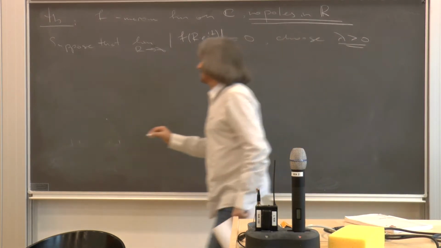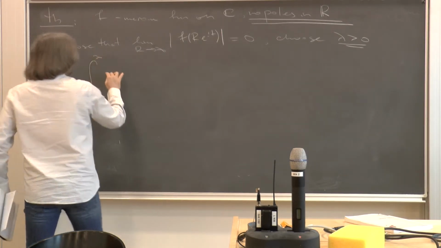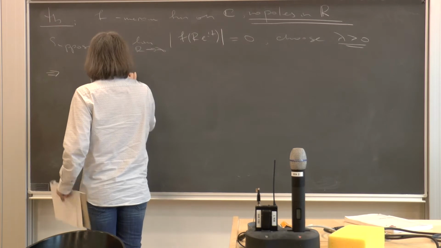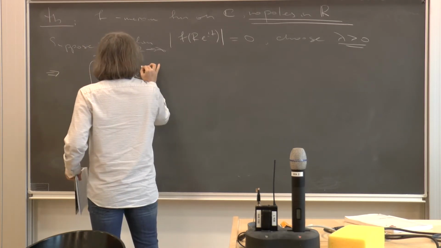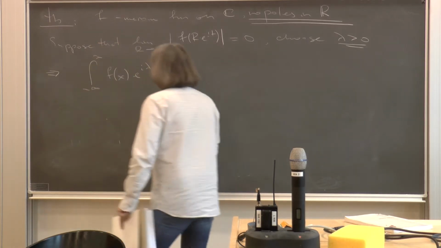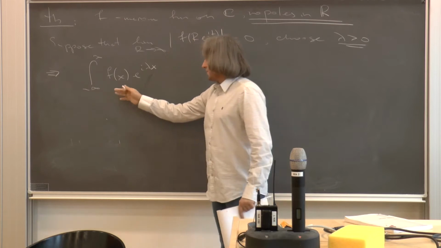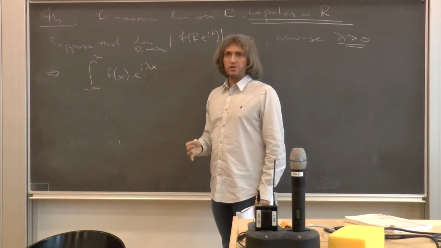Then the integral from minus infinity to infinity of f of x times e to the I lambda x dx. As we understand, it's not one integral, it's two integrals, the real part and the imaginary part.